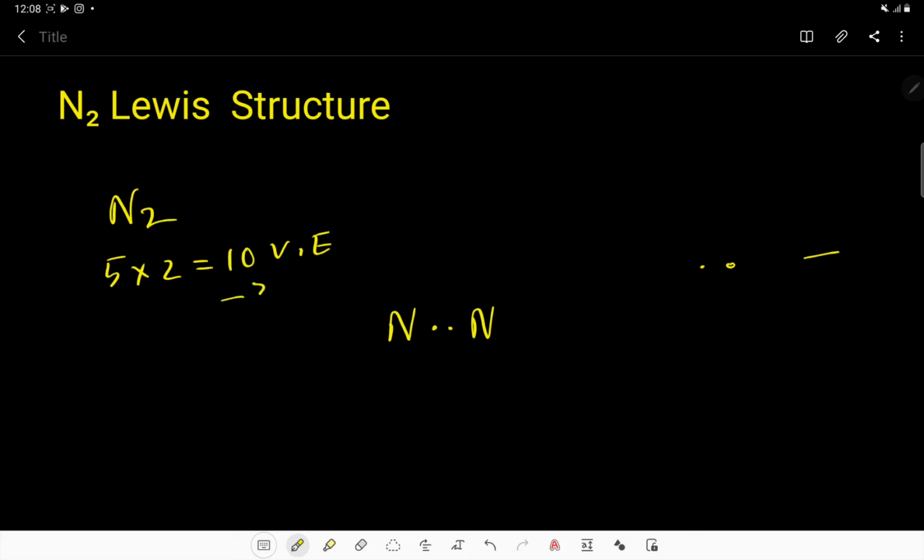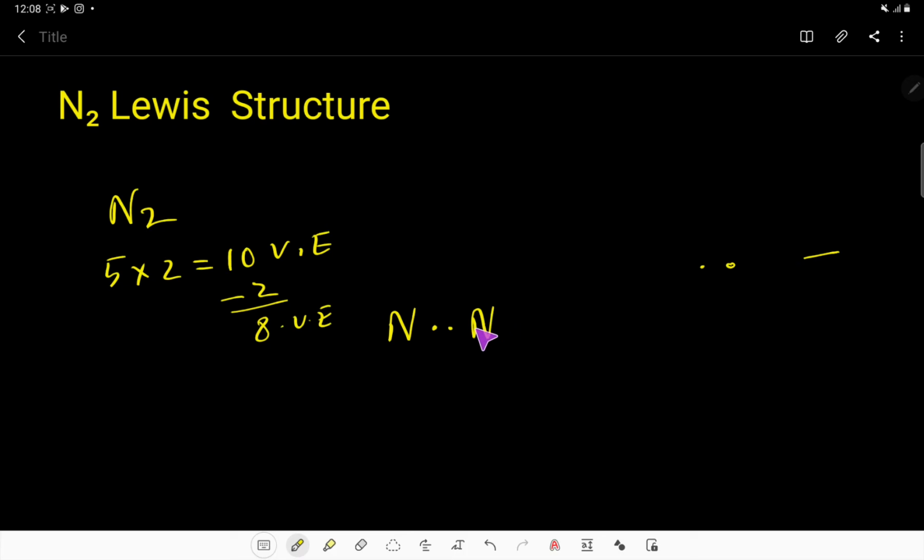So if I deduct 2, then I have 8 valence electrons left, and these 8 valence electrons will be used to satisfy the octet for the nitrogen atoms. So look, this nitrogen has 2 valence electrons, and this nitrogen also has 2 valence electrons, and we have to distribute this 8.